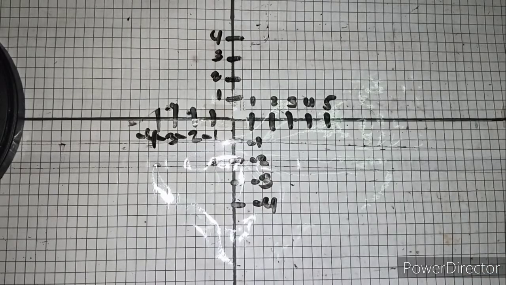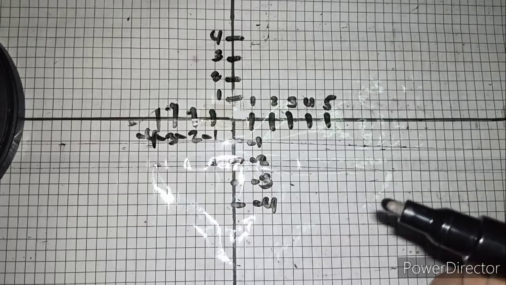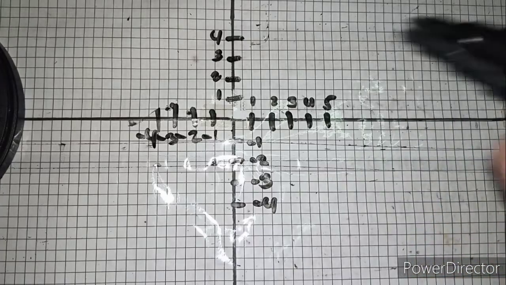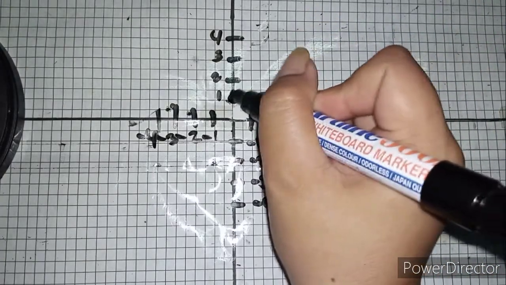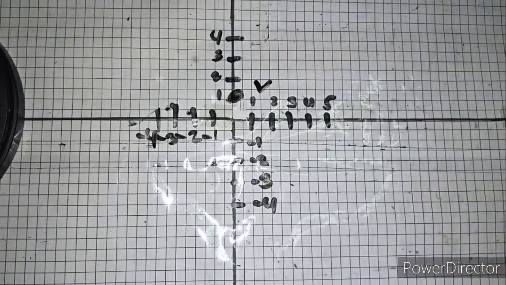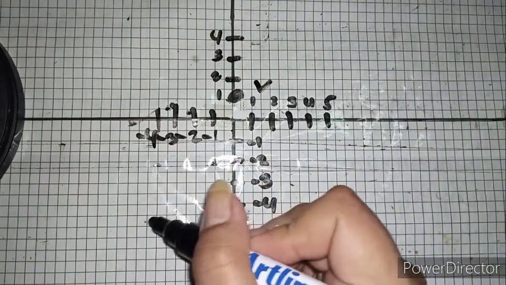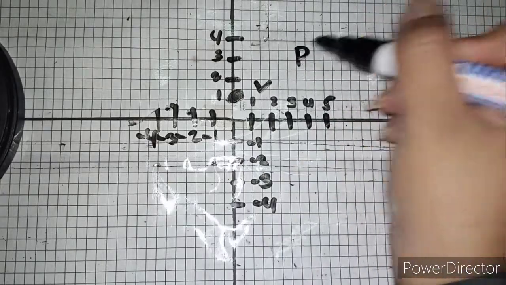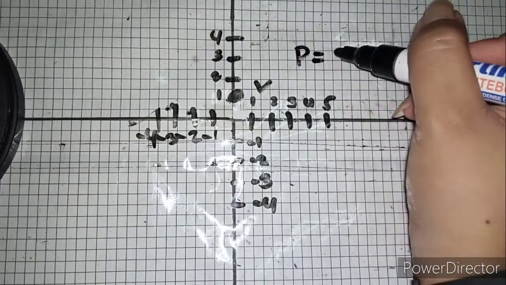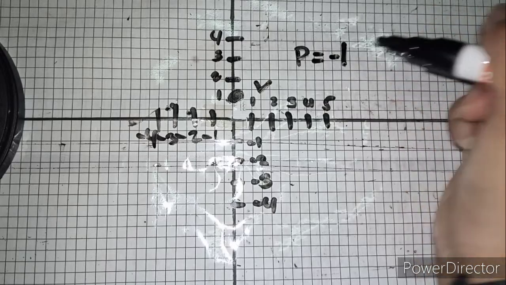Okay, so ito na yung ating Cartesian plane. So, first, let's plot our vertex. So, our vertex ay nasa 0, positive 1. So, nandito yung ating vertex. And, lagay ko na lang dito. Ang value daw ng p natin ay negative 1.